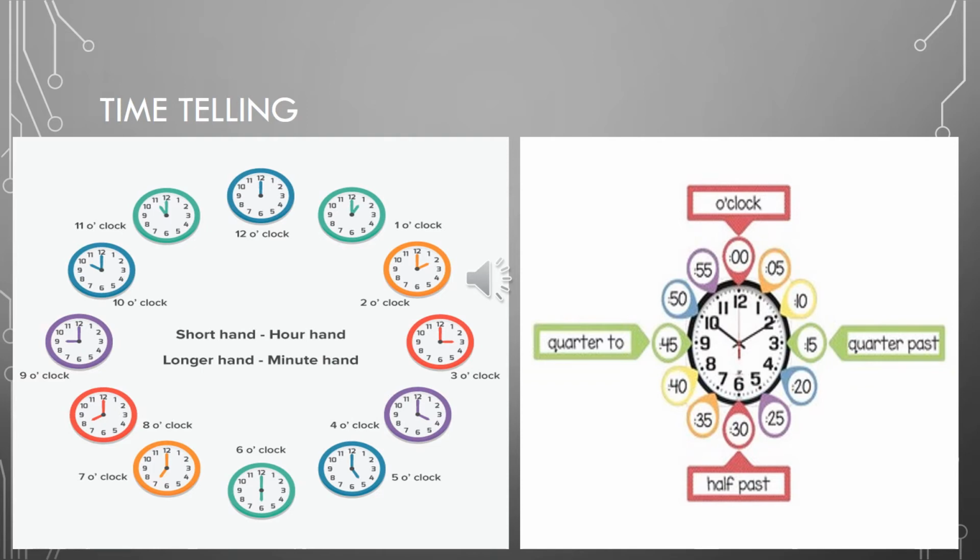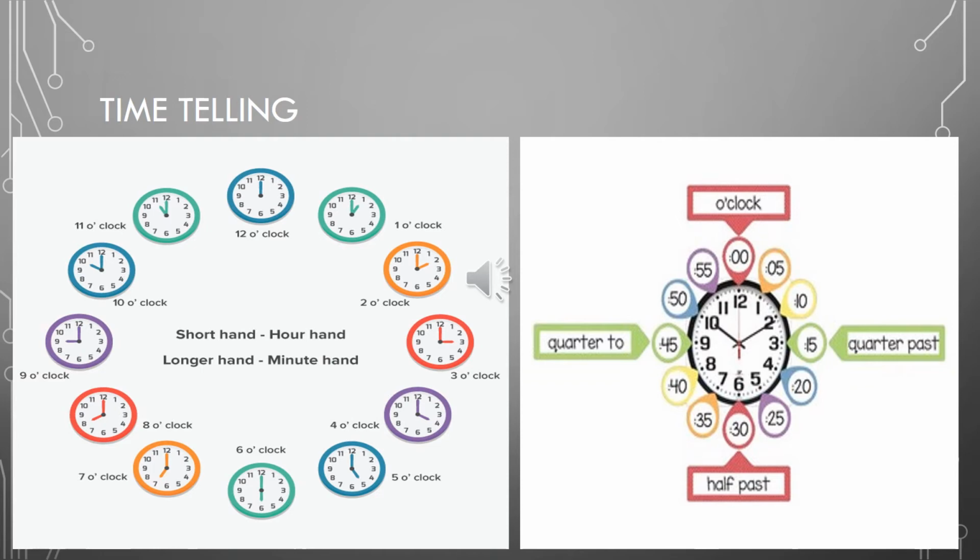Okay, now from every single digit we can see there is a difference of 5. After 1, the second digit is telling you about 10, the third one is telling you about 15, and the fourth one is telling you about 20 minutes. Done. And 5 is telling you about how many minutes? 25 minutes.